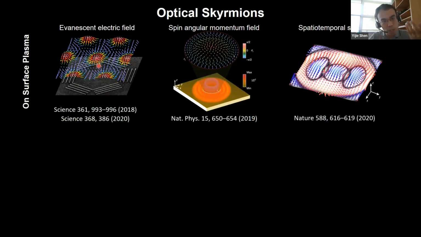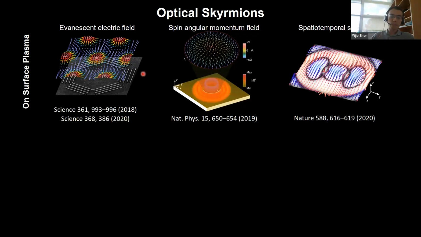The initial idea is to produce the evanescent field on a structured surface plasmon. The surface plasmon polariton field can support the evanescent field on the surface with not only in-plane electric field components but also an out-of-plane component. This makes it possible to shape the electric field as a skyrmion-like texture.